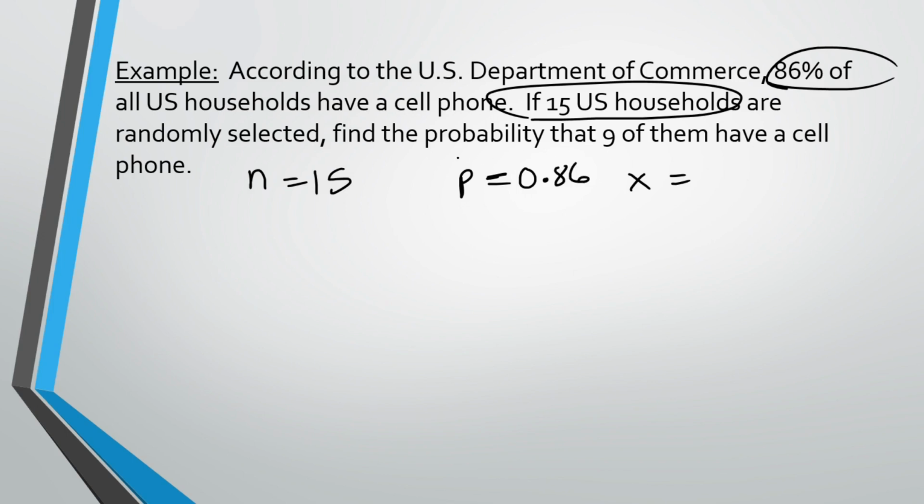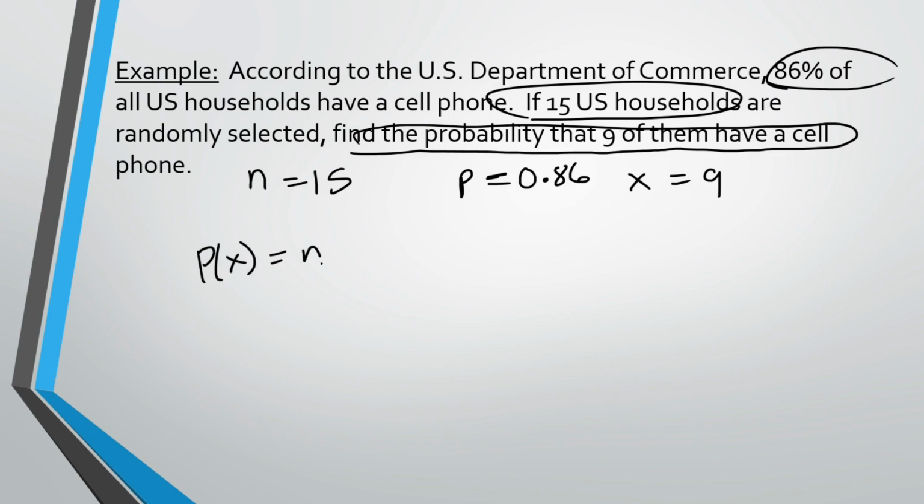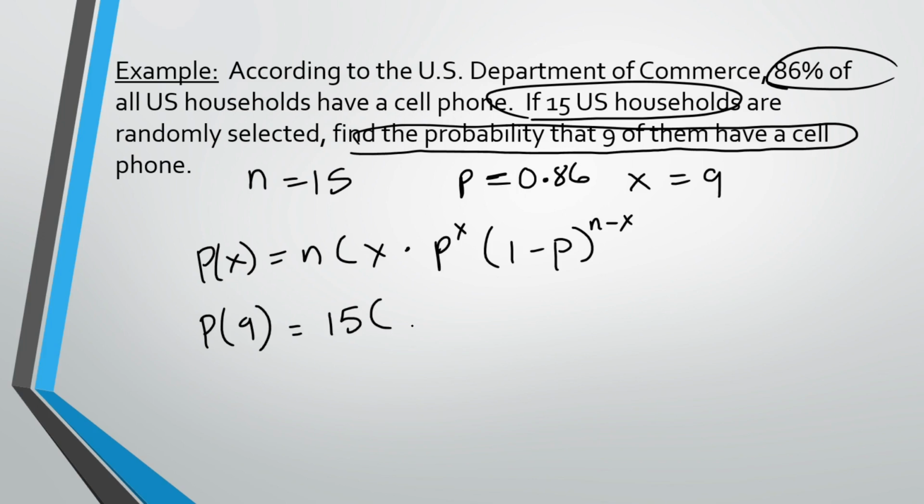Now we have to be careful. We want to find the probability that 9 of them have a cell phone. So that's exactly 9. Recall the formula. P of x equals n choose x times p raised to the x times the quantity 1 minus p raised to the n minus x. We're looking for P of 9, and that's equal to 15 choose 9.